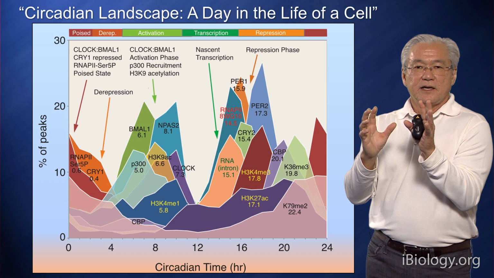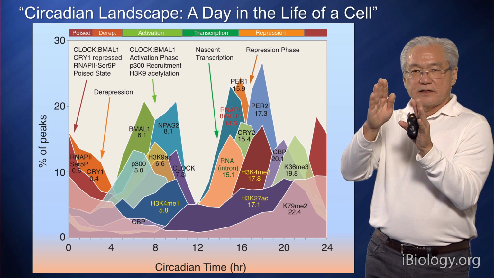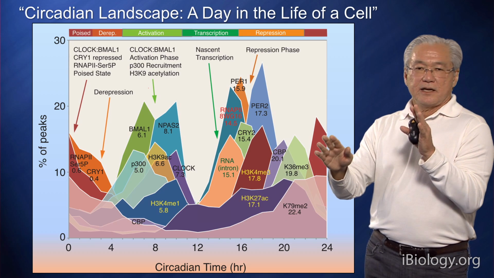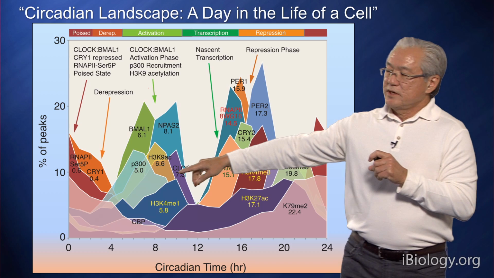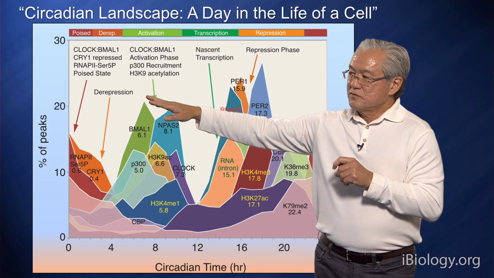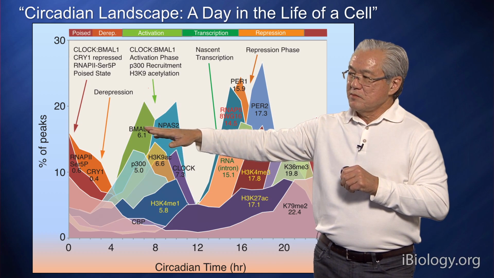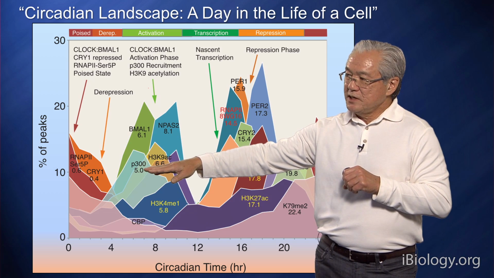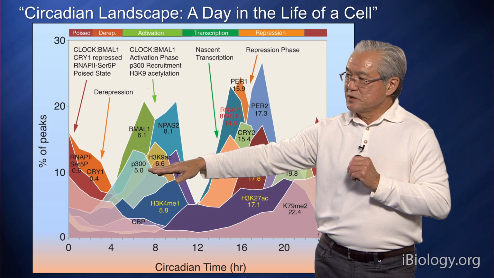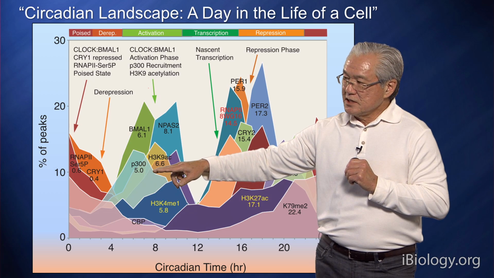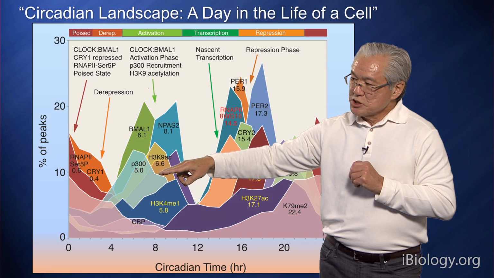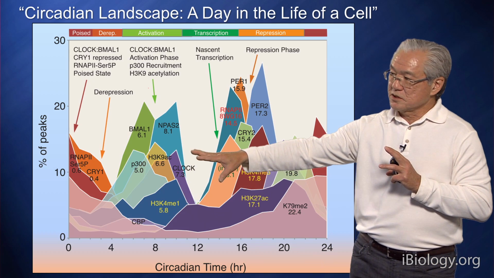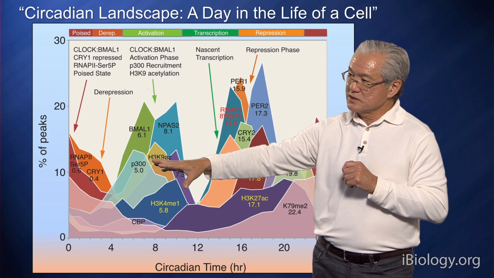So we think that there is actually a Clock BMAL Cry1 trimeric repressed complex that's recruited Pol II at 0. Then Cry1 repression dissipates, and as that occurs, we then get a wave of transcription factor occupancy, BMAL Clock NPAS2. This is accompanied by P300 coactivator recruitment, and we also see K9 acetylation as well as K4 monomethylation activation marks occurring at this activation phase.